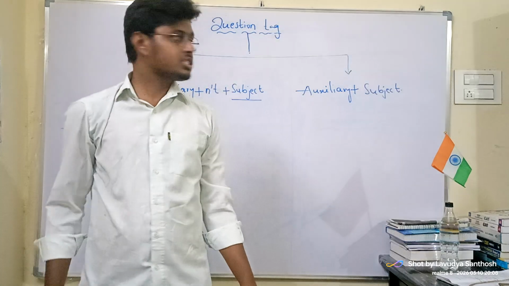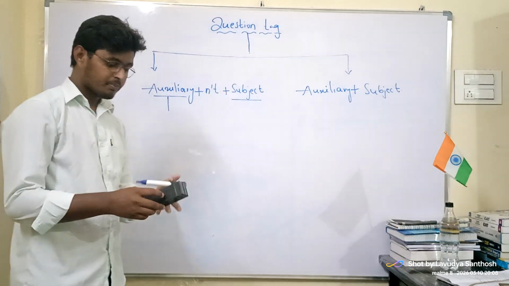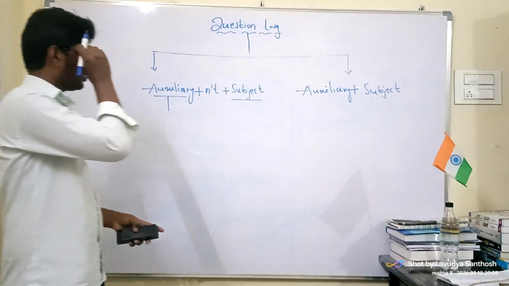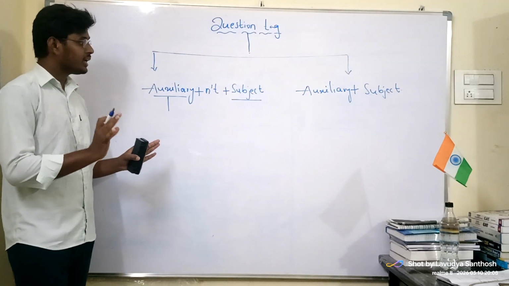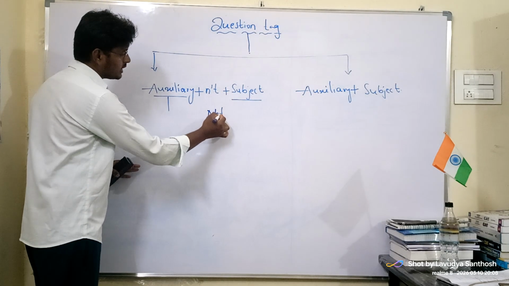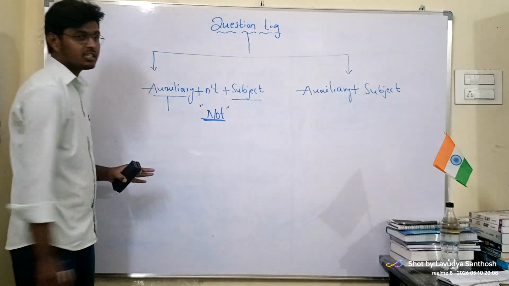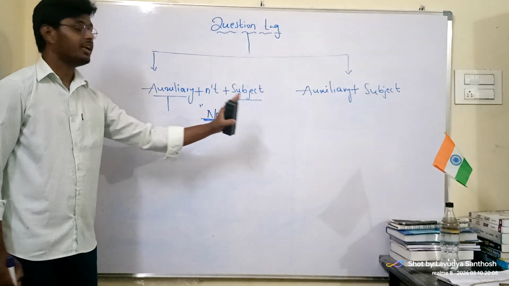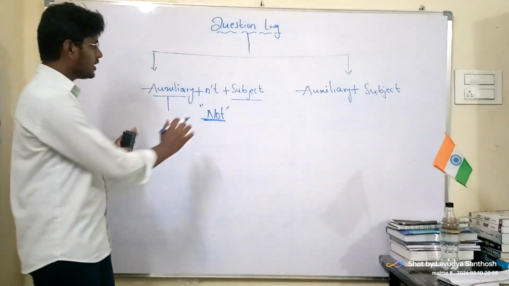Since we understood what an auxiliary and what a subject is, now let us practice, positive and negative both. In any sentence, if you see the word not, it is in negative form. Remember that, not is negative.